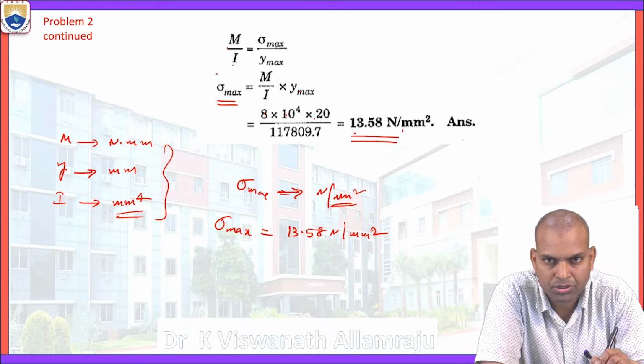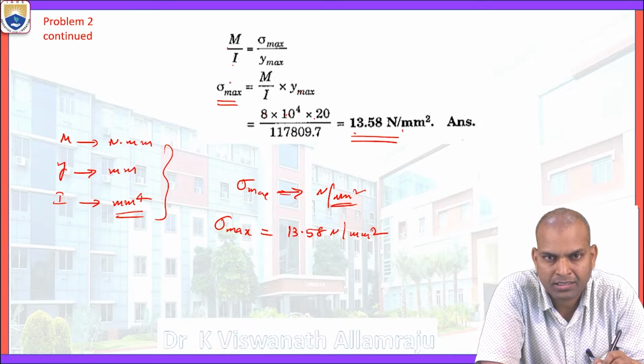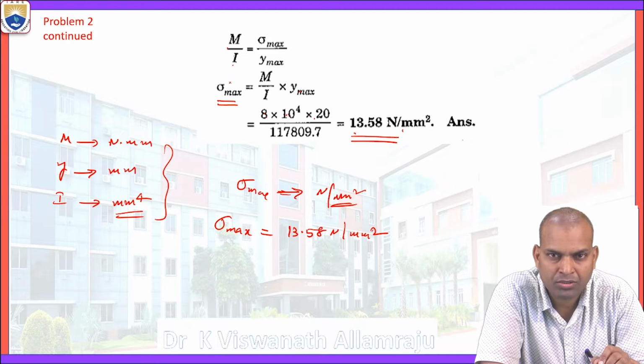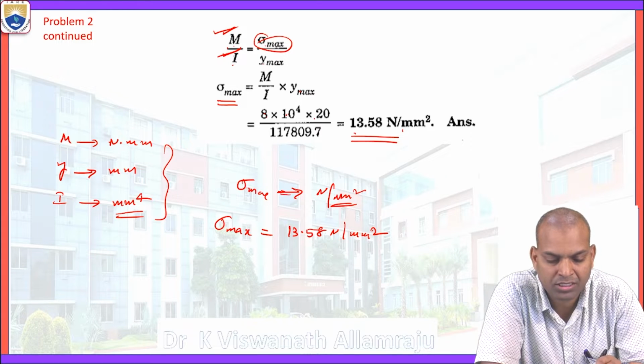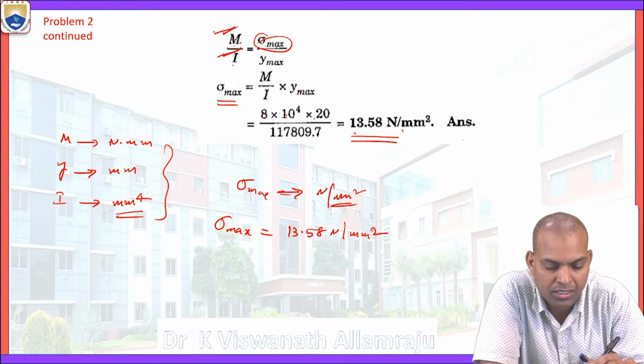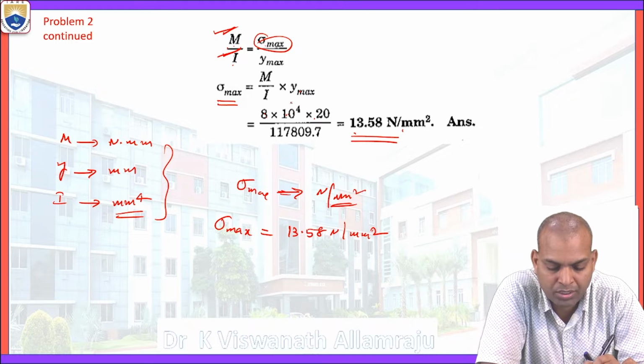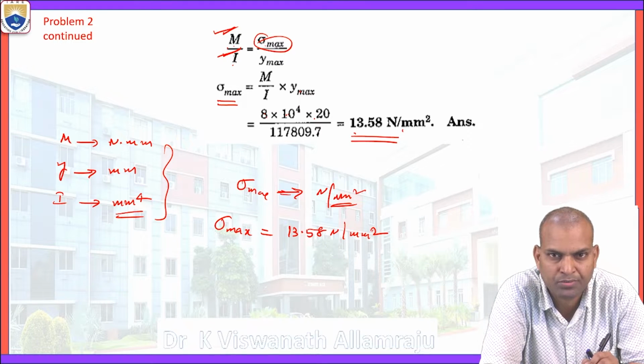Here a hollow cylinder is supported at its ends, a 4 meter length of pipe, and it is subjected to a point load at its midpoint. So one is the bending moment calculation, another is the area moment of inertia. From these two we calculate the maximum stress, which in this problem is 13.58 Newton per square millimeter.